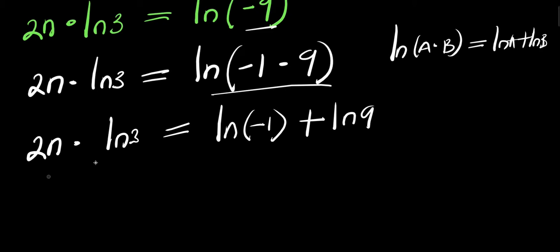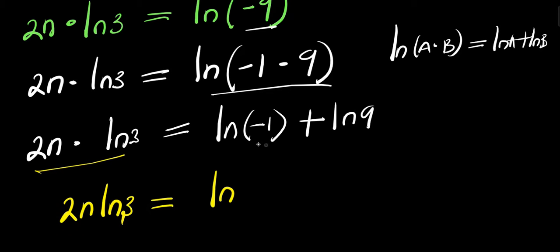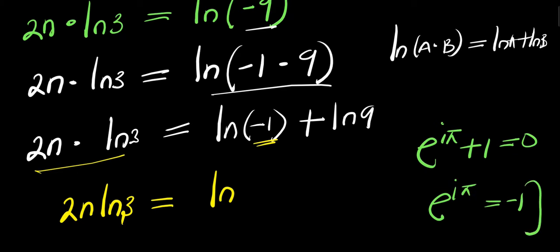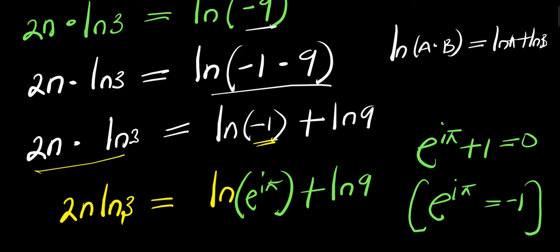So 2n natural log 3 equals natural log of negative 1. Since e power i times pi plus 1 equals 0, e power i times pi equals negative 1. So this is i times pi plus natural log 9.